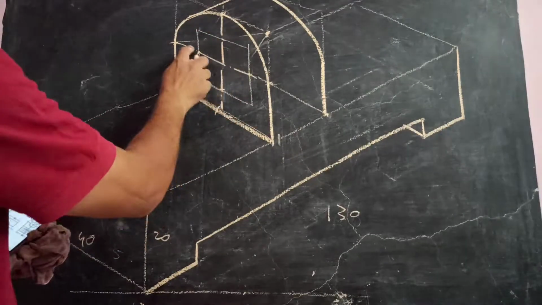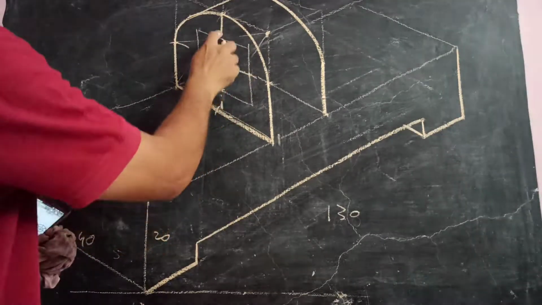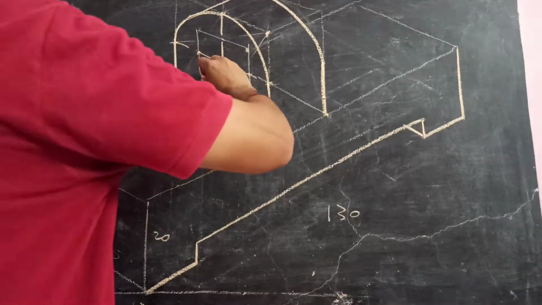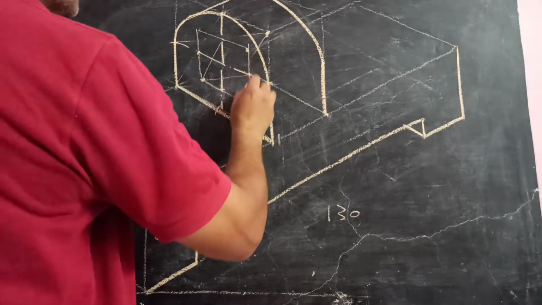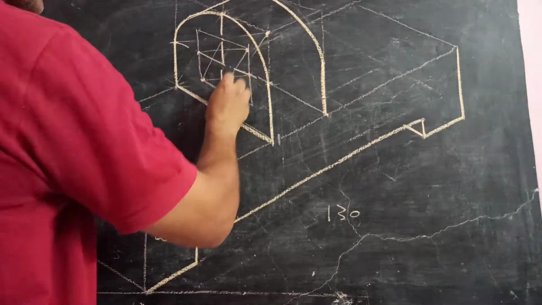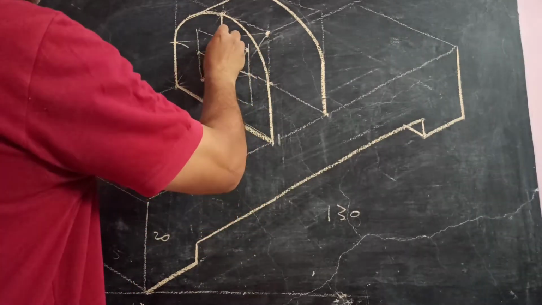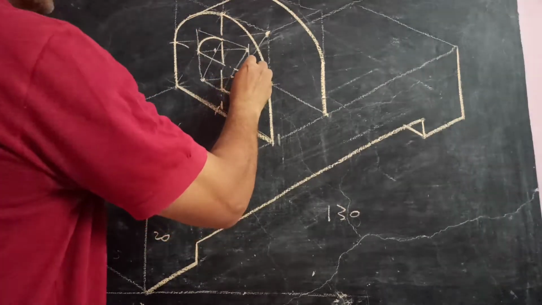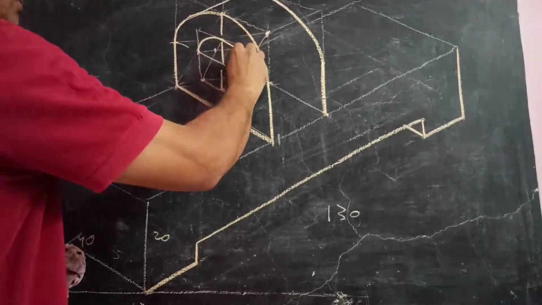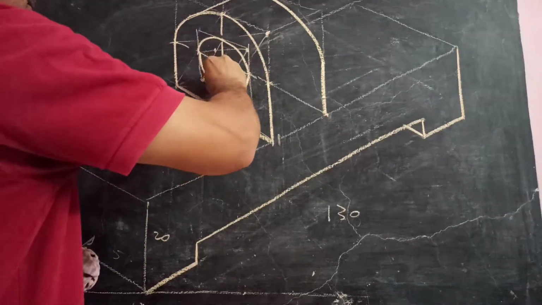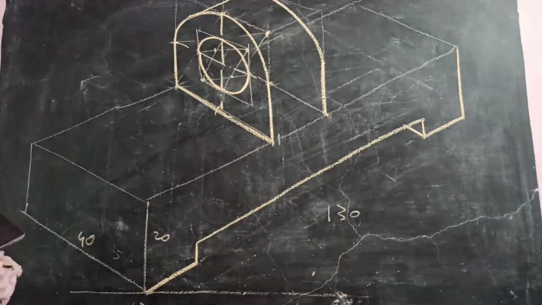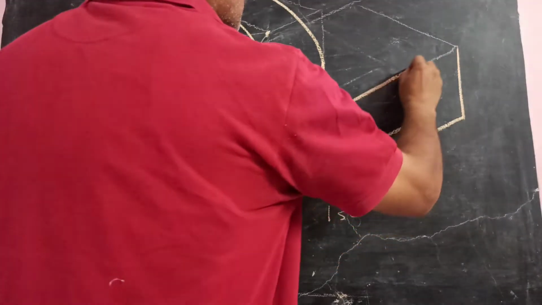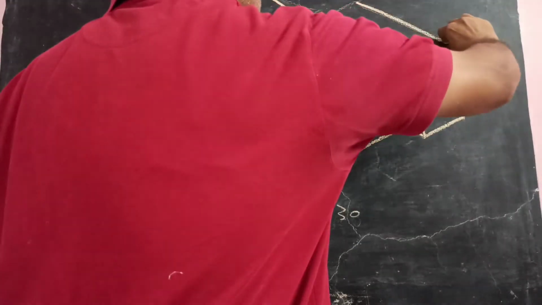So these two lines are parallel to this center line, these two lines are parallel to this center line. This is 120 degrees, this is 120 degrees. So draw the opposite lines' midpoints, and you can get these two intersection points. So you can complete this, take this as center, and you can get the hole. So the problem is ready.